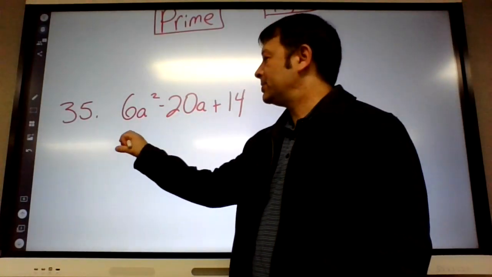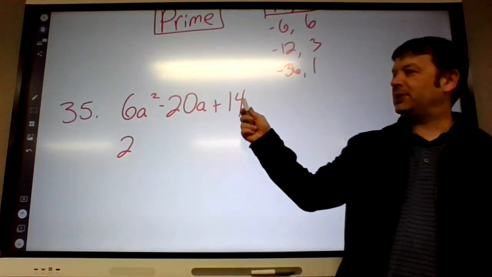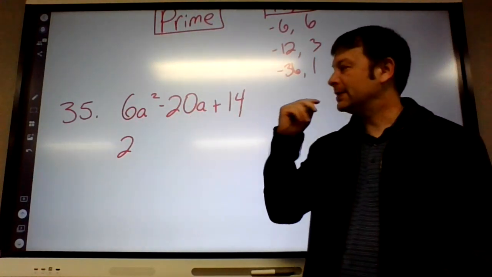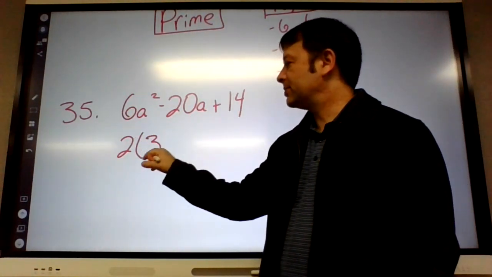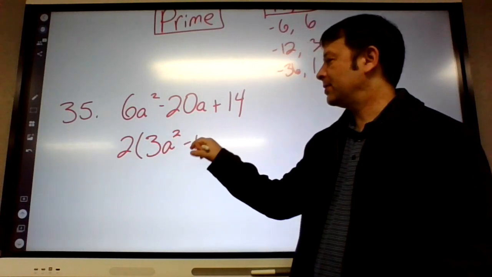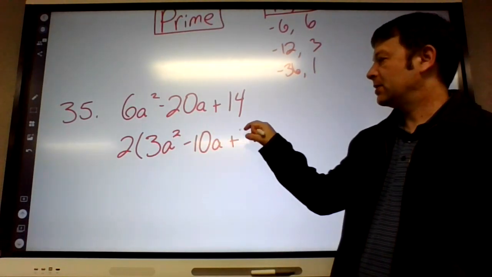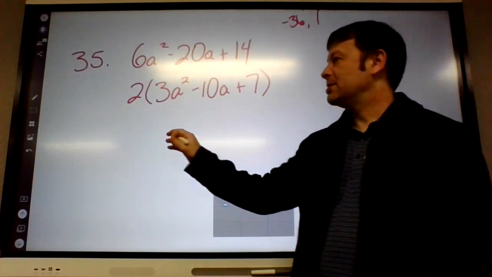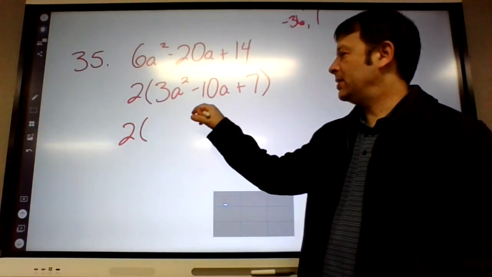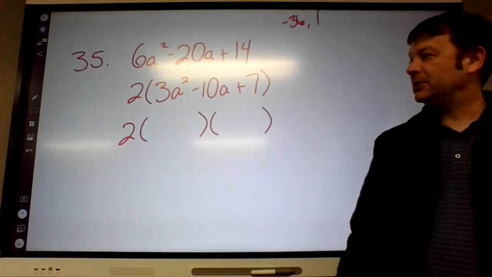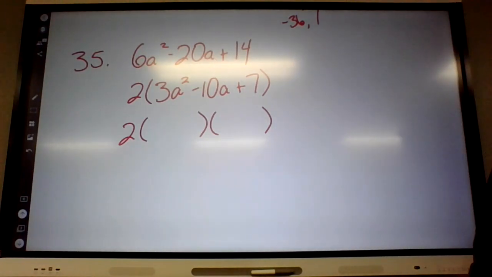Not a lot, but if they're all even numbers, that 2 can definitely come out. So I'm going to divide all those by 2, and then the leftover, we'll see if we can factor that again.